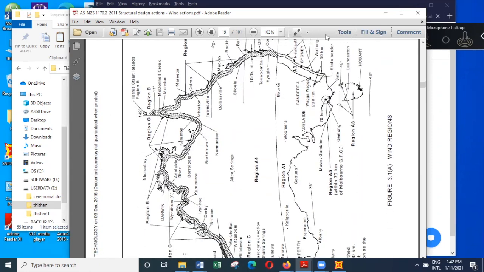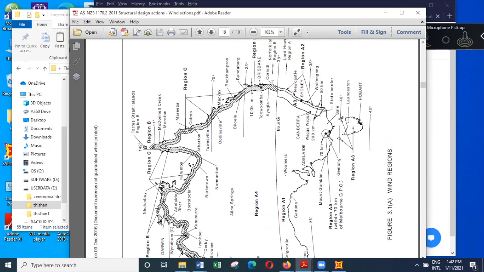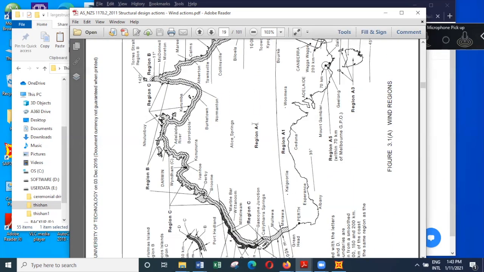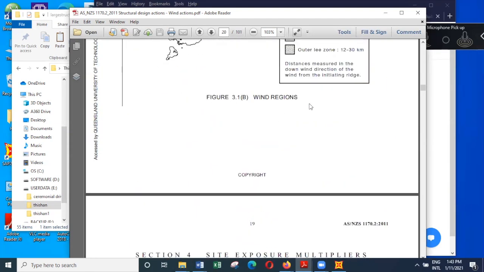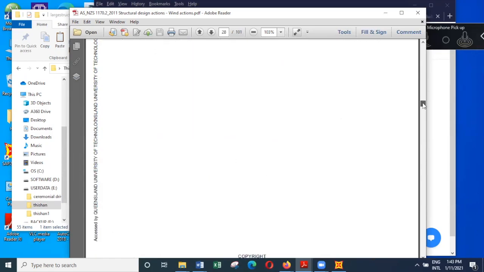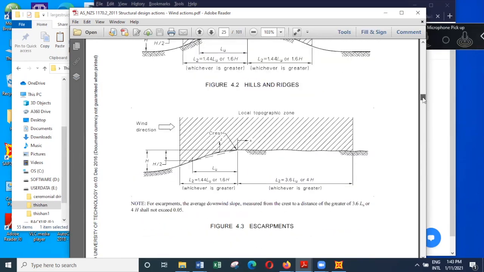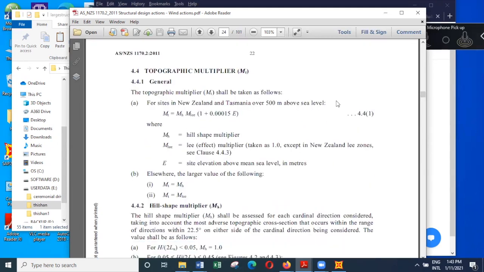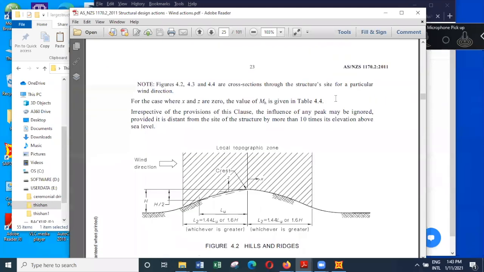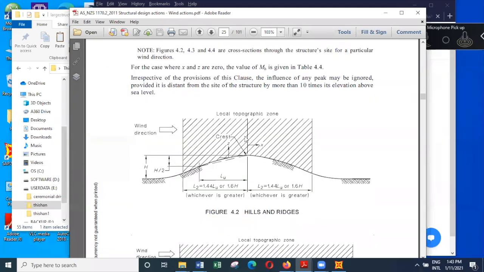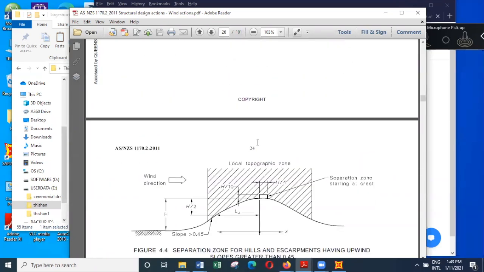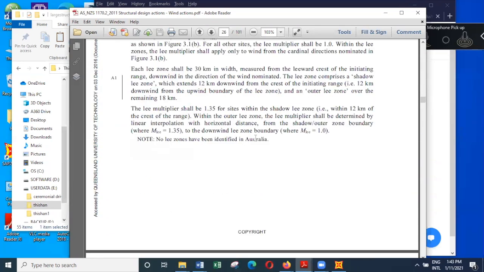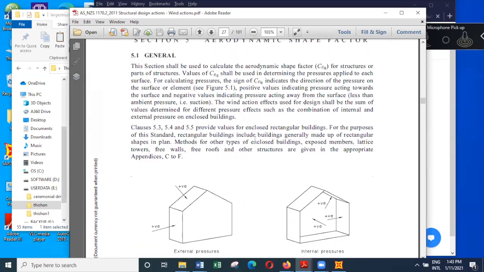And for different regions of Australia, they have defined different wind velocities. And then they also allow you to consider the possibility for any amplification of wind when the wind is blowing uphill. And also they allow you to consider the shielding effect.